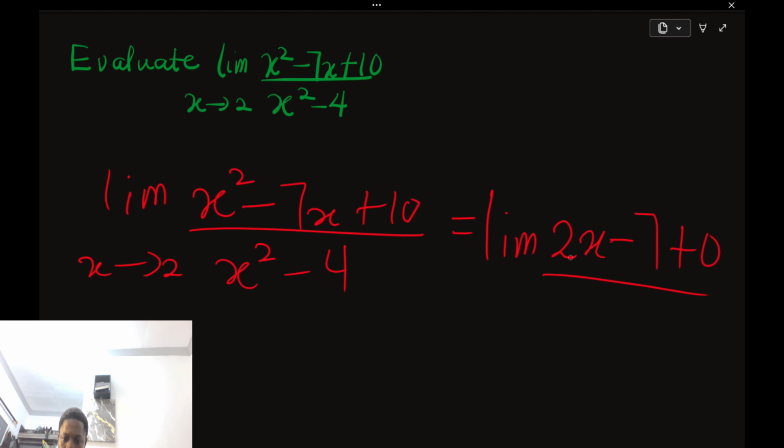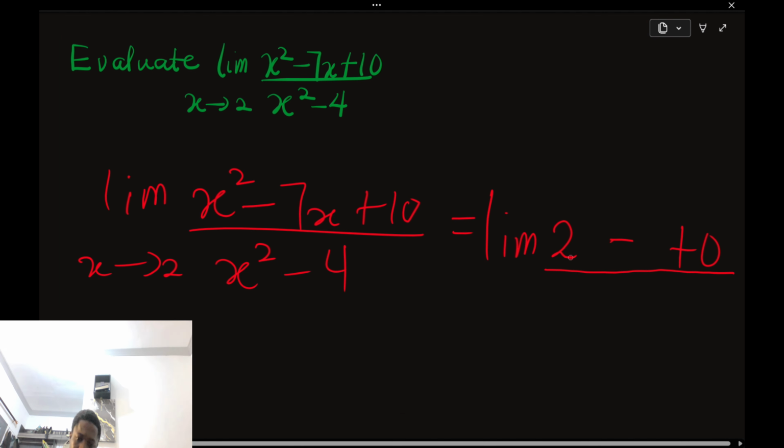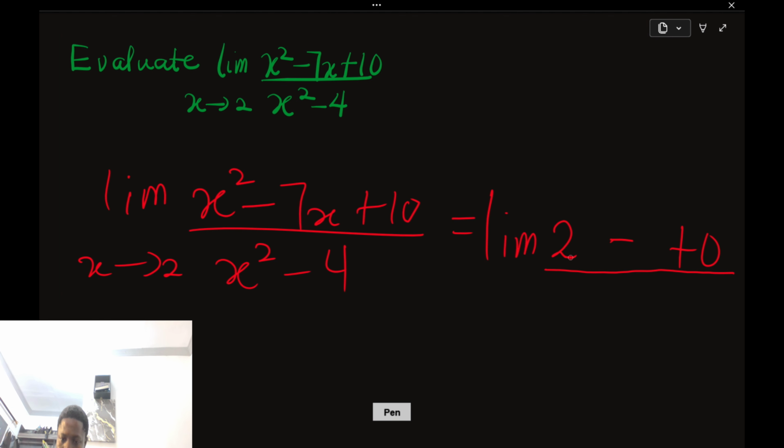Then all over. Sorry, there should be 7 over here, not 7x. So here should be 7. All right. So we have 2x also here.